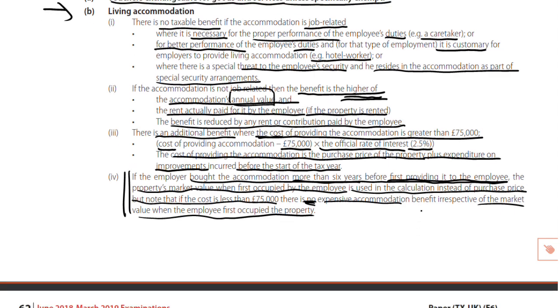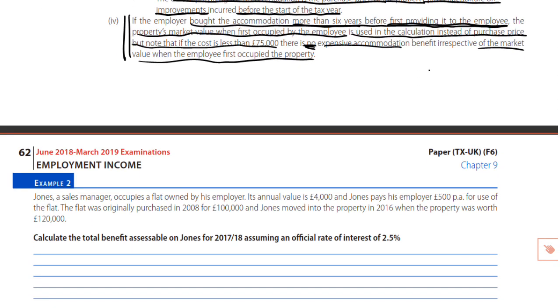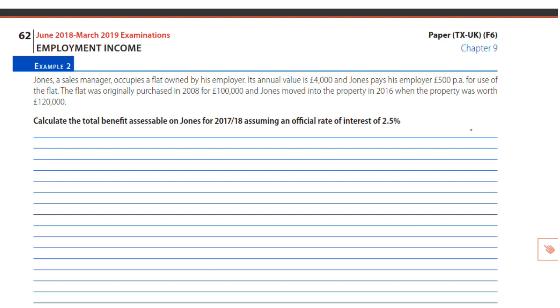Okay, let's have a look therefore at a little example here, example 2, to work out what we'll take as our assessable benefit in relation to living accommodation provided to this employee by the name of Jones. Occupies a flat owned by his employer. As soon as we see it's owned, then the issue of rental being paid by the employer is irrelevant.